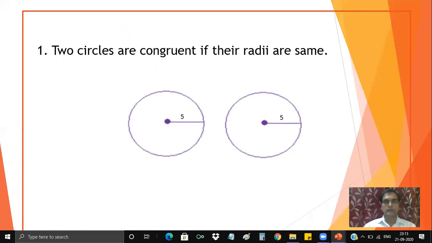Let's see the examples of congruent figures. Two circles are congruent if their radii are the same. As we can see in this example, the radius of the first circle is phi and the second circle is also phi. Therefore, both these circles are congruent.